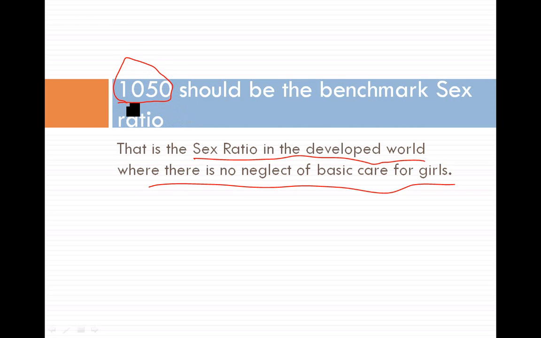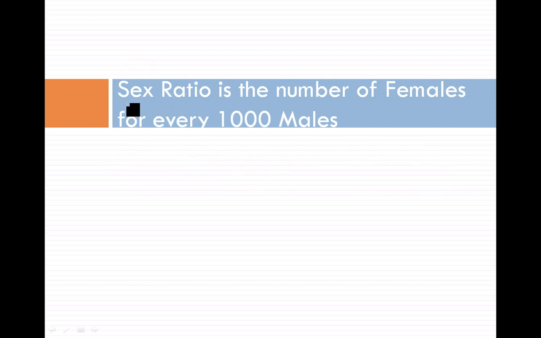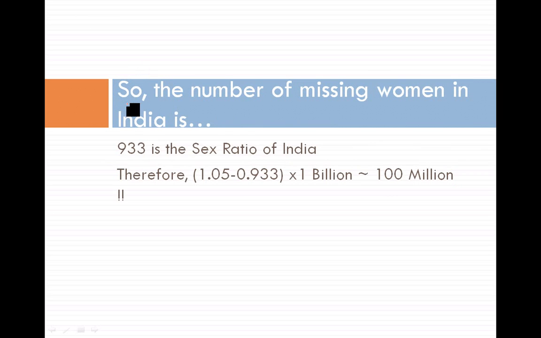So, we consider that to be the benchmark sex ratio. The number of missing women in India can be calculated as follows. 933 is the sex ratio of India according to the latest census. Therefore, from this simple calculation, we can see that about 100 million women in India are missing.